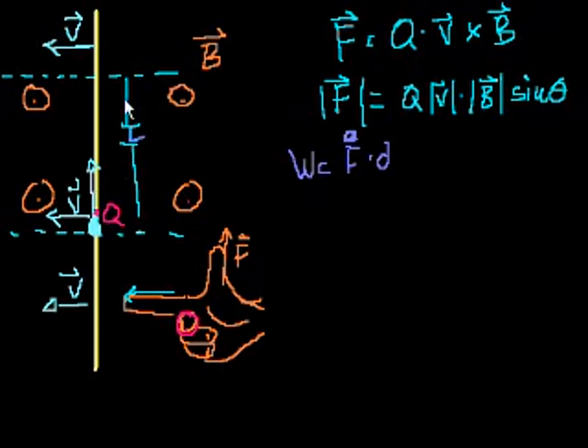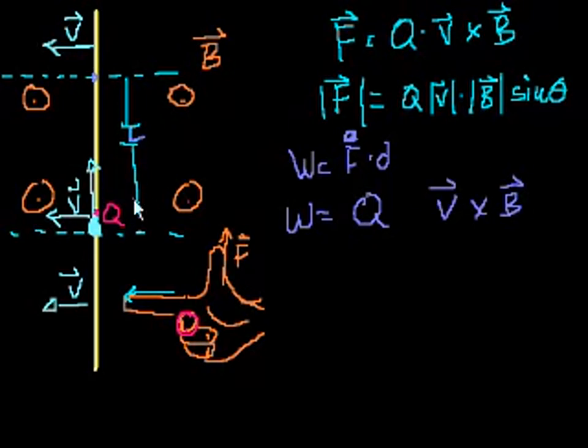Well, this distance is L, right? Once the particle gets here, there's no magnetic field up here, so the magnetic field will stop acting on it. So the total work done, which is force times distance, is equal to the net force, which is Q V cross B, times the distance.